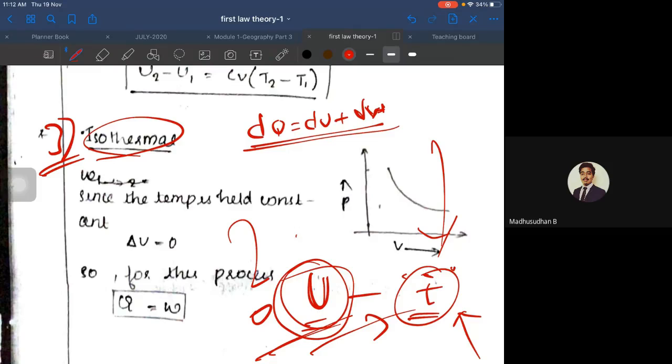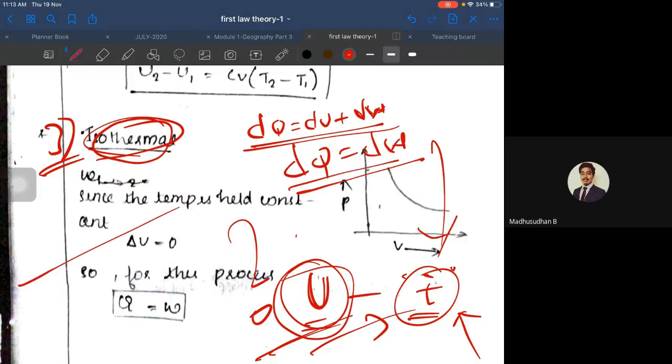So that's why your dQ value will be equal to dW value in case of isothermal process. All the 6 expressions, remember those 6 expressions to calculate the isothermal process work done. The same 6 expressions can be used to calculate even the value of heat flows also.